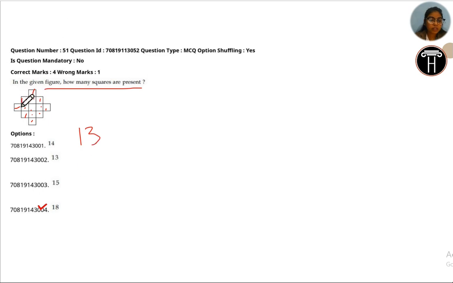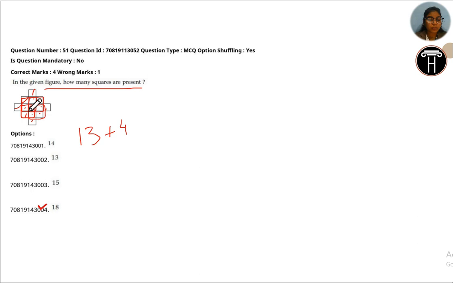Next is this 4 square will also form a square. So one is this one, second is this one, third is this one, fourth is this one. So by these 9 smaller squares, we are getting 4 different squares over here. Okay, fine.